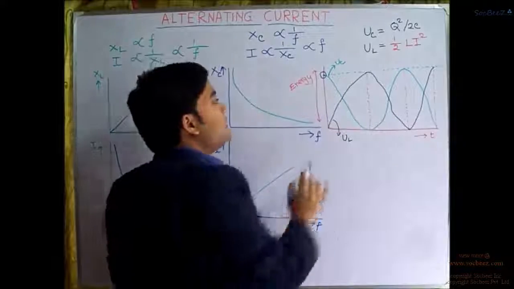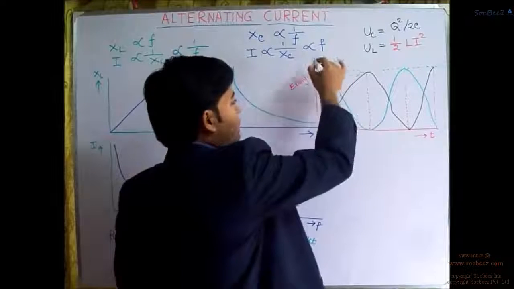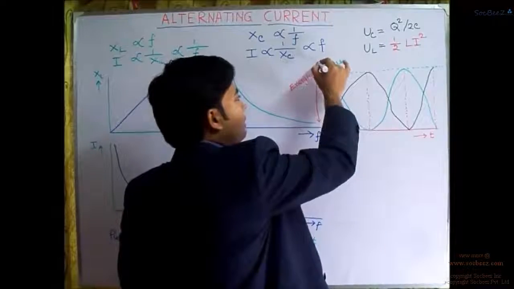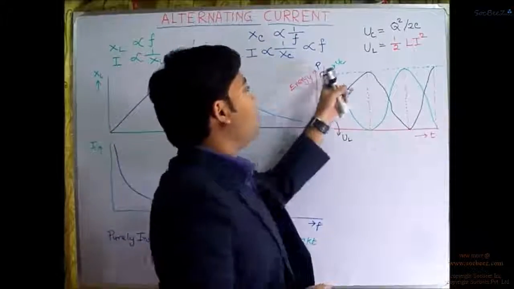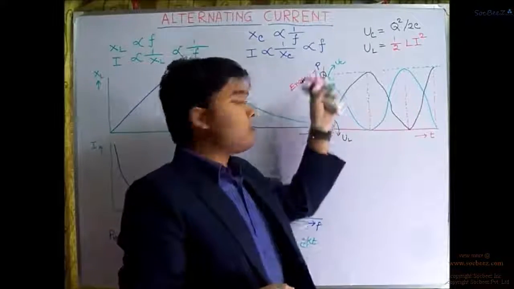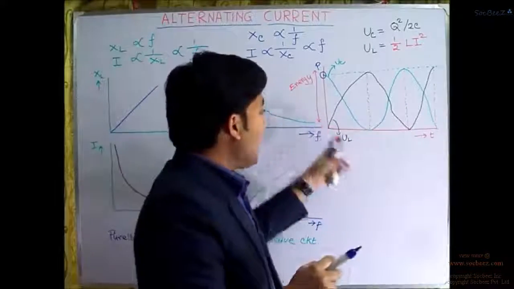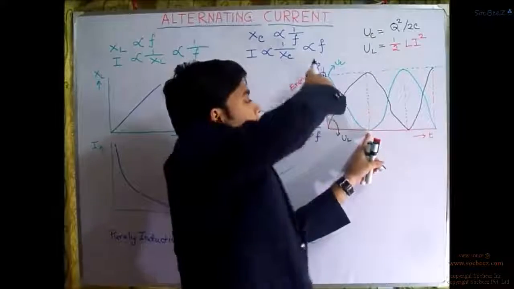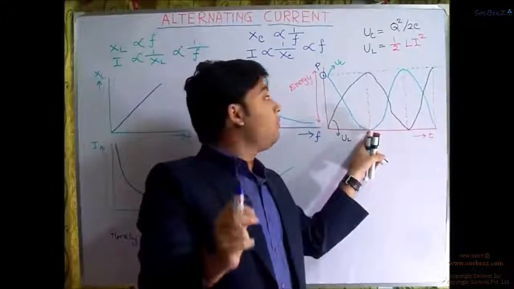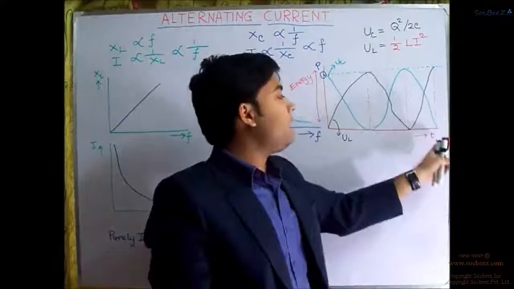For example, at this particular point, UC is equal to this, let us say P. At this point, UC is equal to P and UL is equal to 0. So at this point, UC plus UL will be equal to P, right? At this point, UC is equal to 0, but UL is equal to P now. So UC plus UL will again be equal to P. Likewise, the point over here and the point over here.